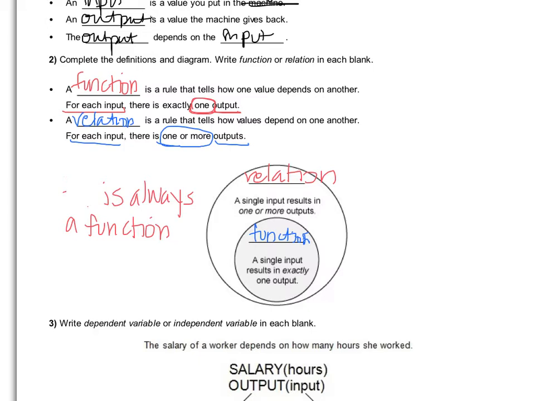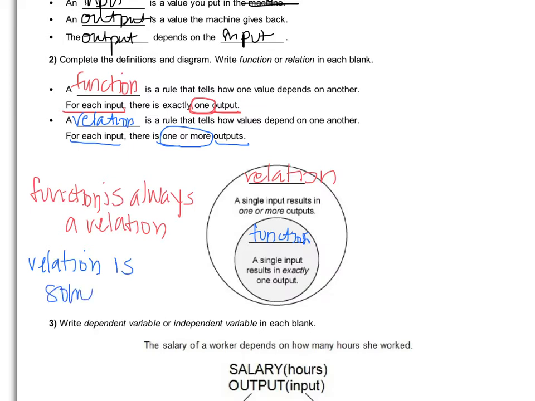A function is always a relation. But a relation is sometimes a function. So a function is always a relation, but a relation is only sometimes a function.